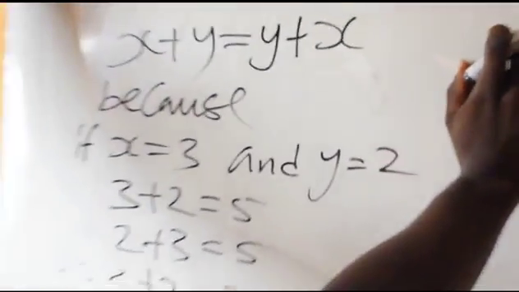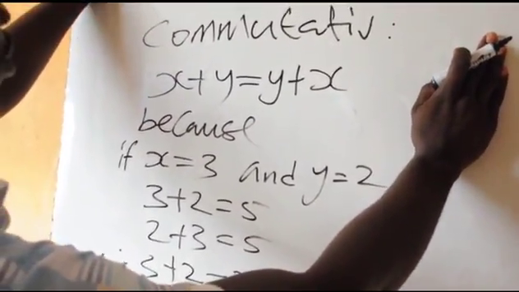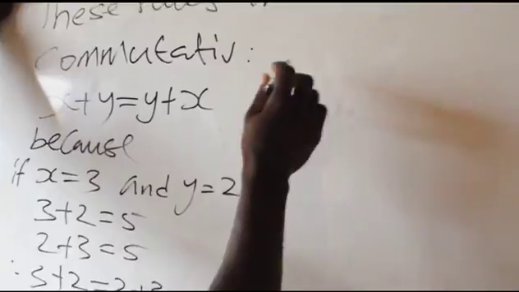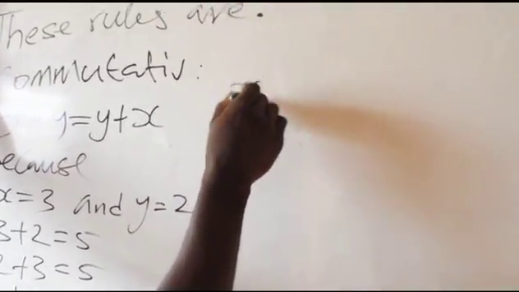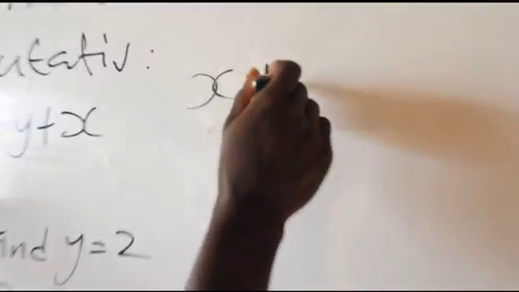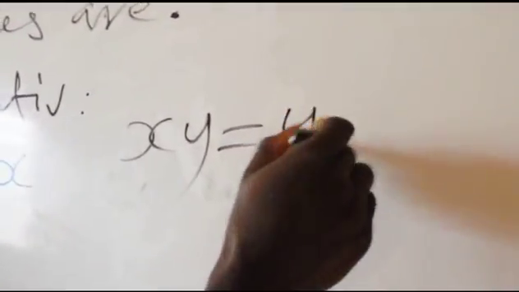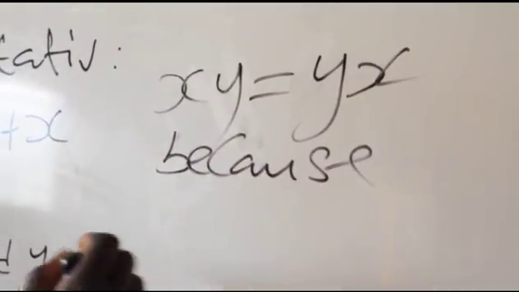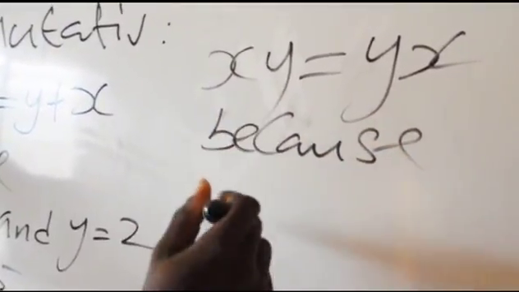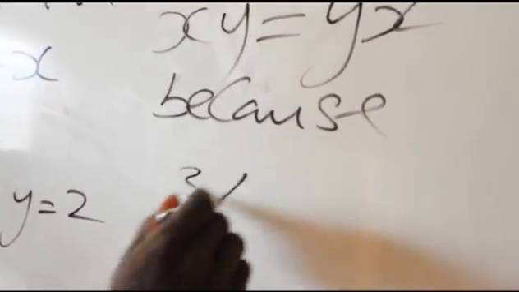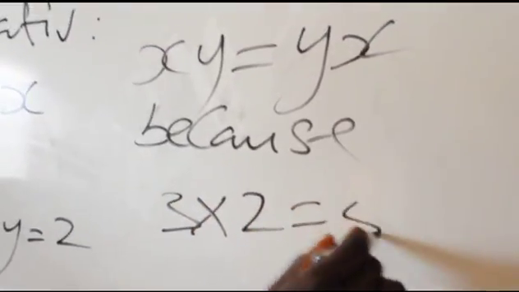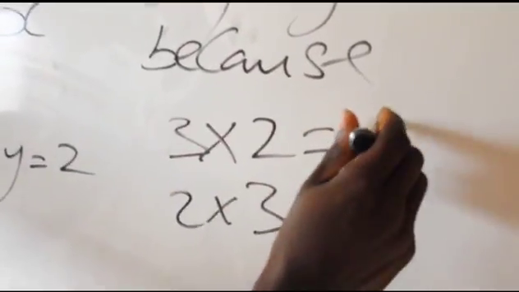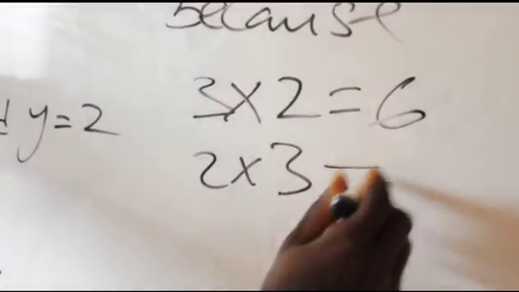In this we say that the rules of algebra are commutative using a plus sign. Then let's look at multiplication. x times y is equal to y times x, because assuming x is 3 and y is 2, 3 times 2 is equal to 6, and 2 times 3 is also equal to 6.